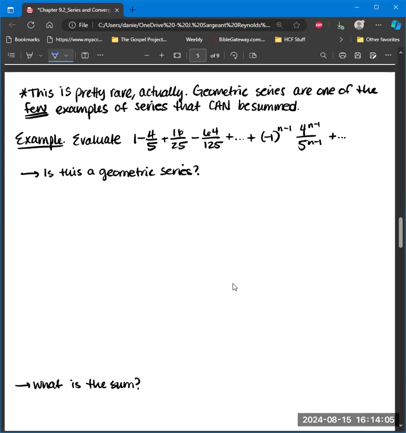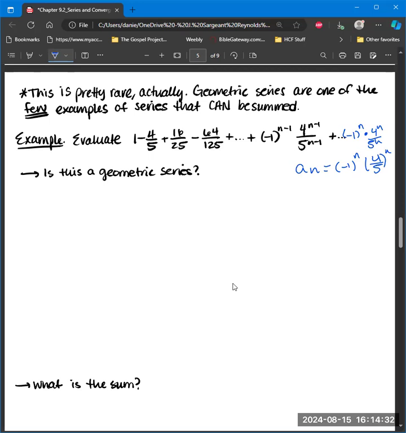Let's go out one more term and say that this is -1 to the n times 4 to the n over 5 to the n. So a n is equal to -1 to the n times 4/5 to the n.